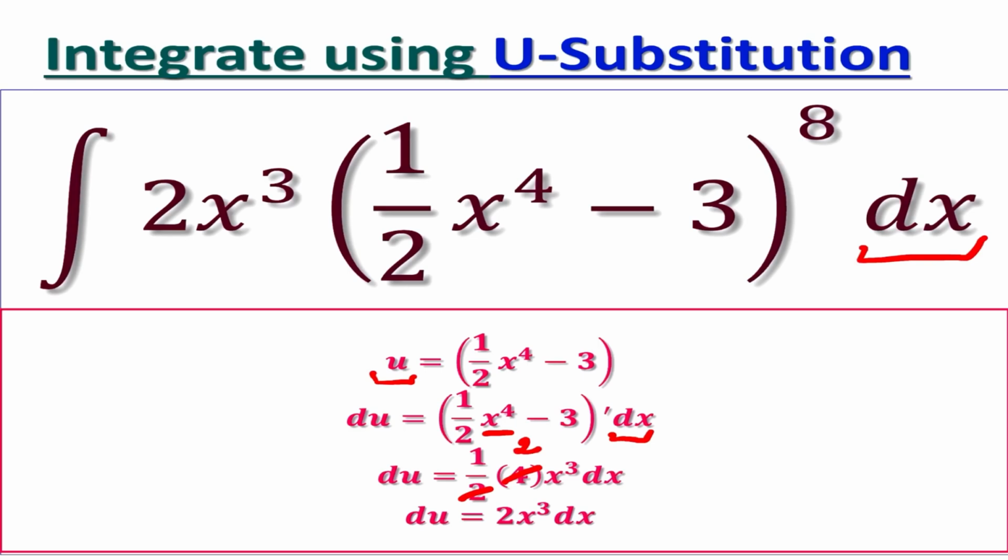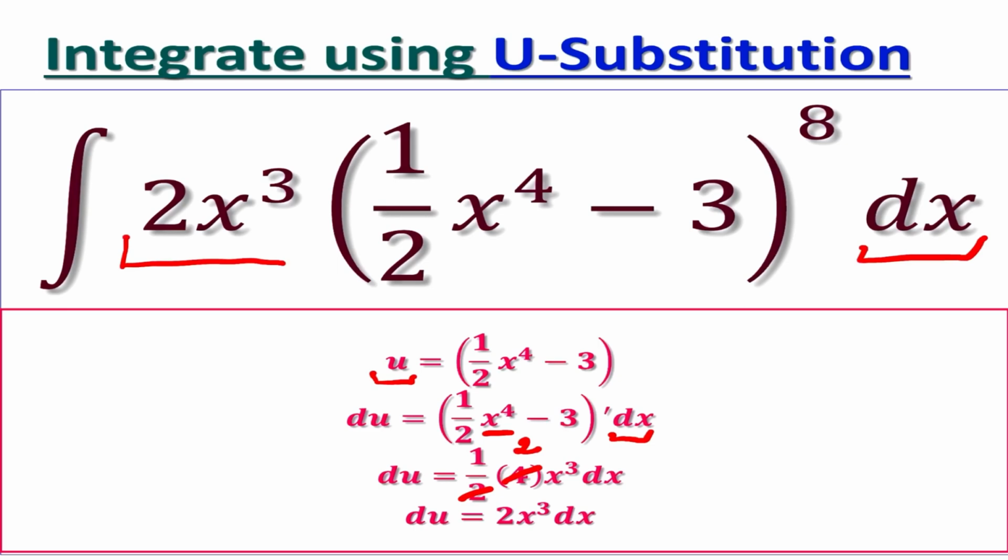If you look at your integral, the rest, 2x cubed dx, perfectly matches du. So our goal is to express everything in your integral in terms of u and du. This is the whole point of U-substitution.